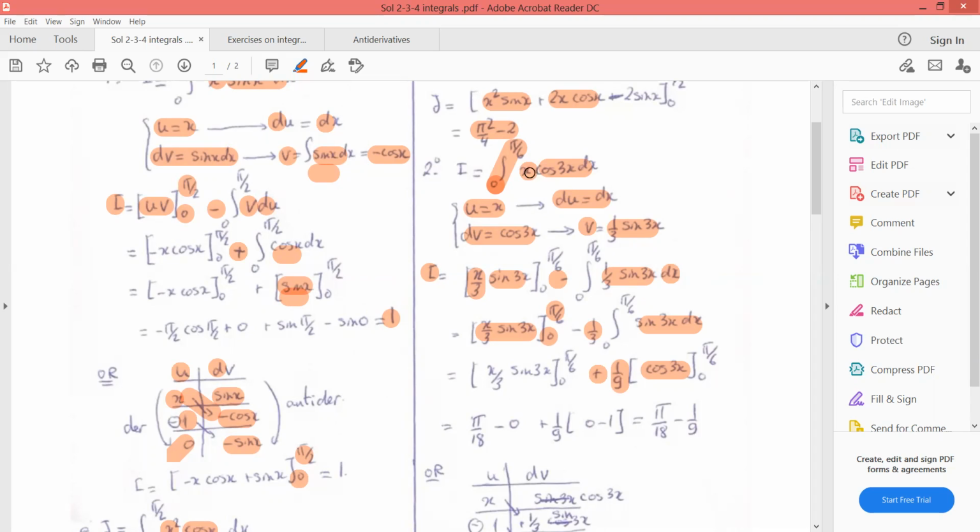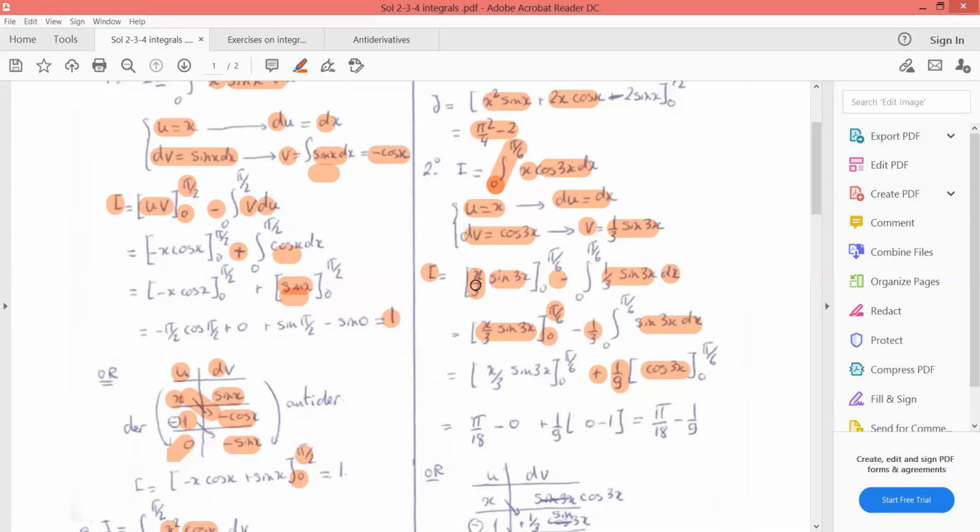So once again, polynomial times trigonometric. The polynomial is u, then the derivative of u is 1 dx. dv equals cosine 3x, v equals the integral of cosine 3x. Please, you have to memorize the rules for integration. The integral of cosine 3x will be 1 over 3 sine 3x.